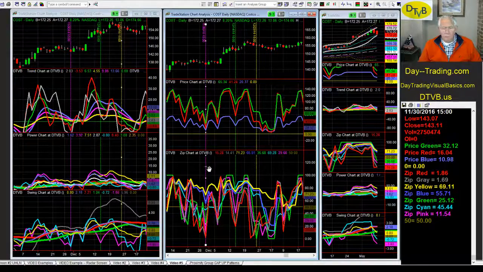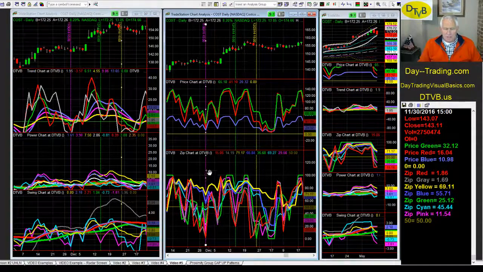So we like to watch Zip Red and Swing Pink because they're the fastest, they're leading indicators and the two fast lines are the quickest lines in the entire system. And of course we watch the 7 short-term trend lines in the 3 groups: the trend trio, blue, pink, yellow, power, orange and green, and swing, red and green.